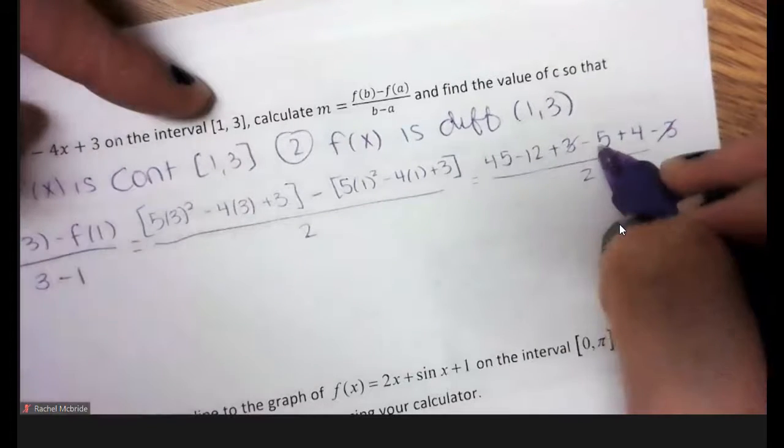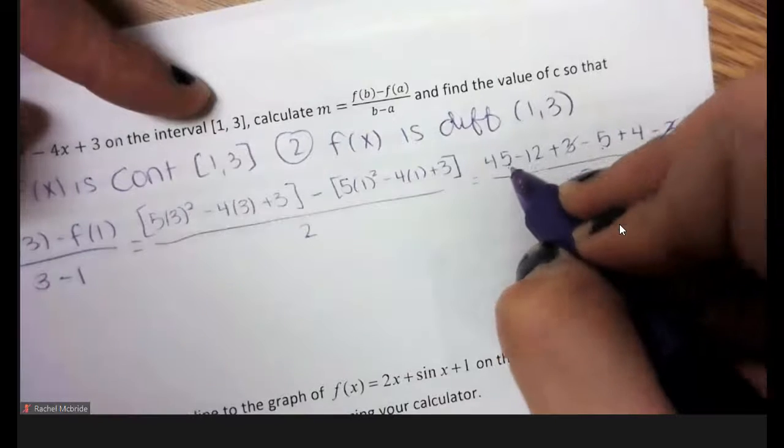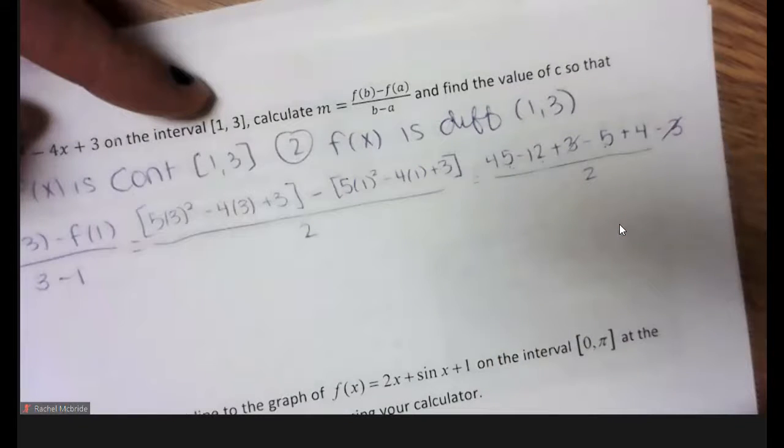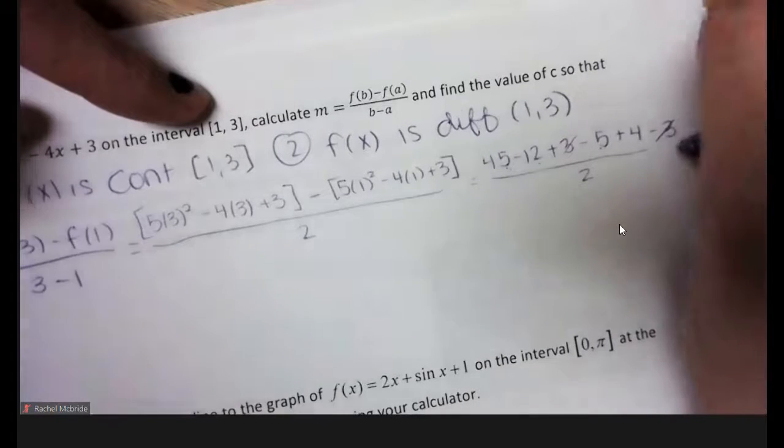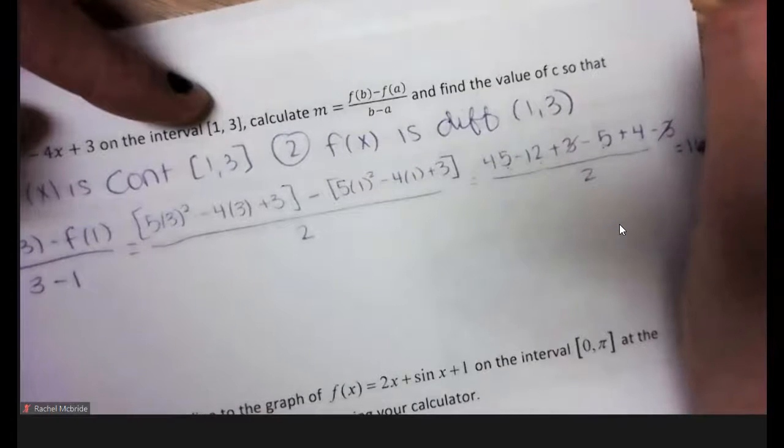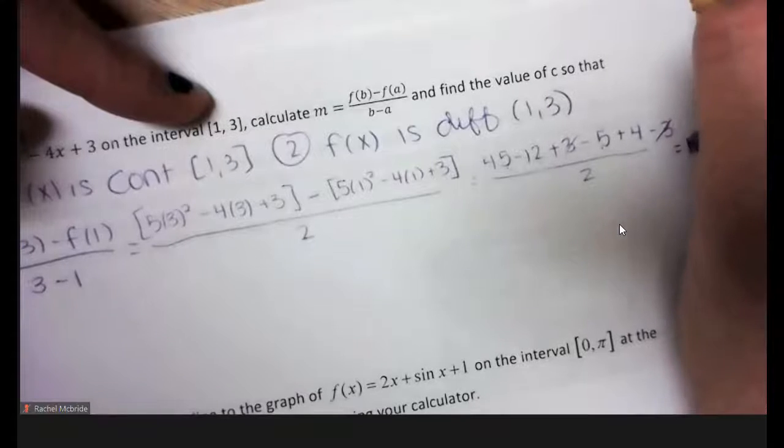So 45 minus 5 is 40. 40 minus 12 is 28. 28 plus 4 is 32. 32 divided by 2 is 16.